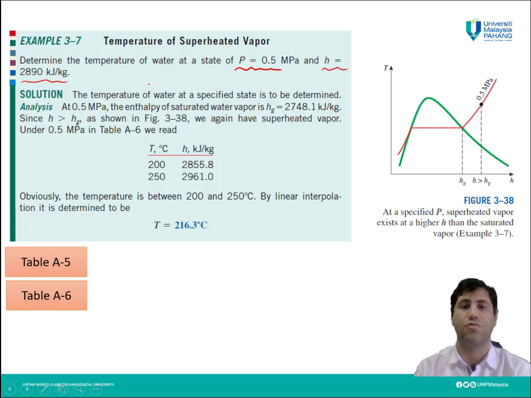To find the temperature of water in the superheated region, we need to refer to the table related to superheated water. The table for superheated water was table A6.